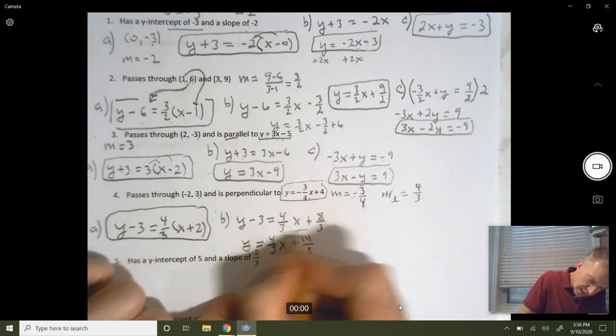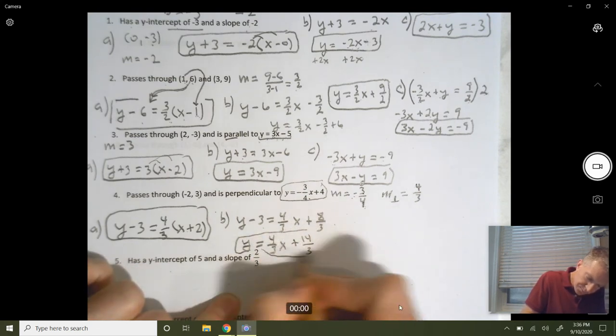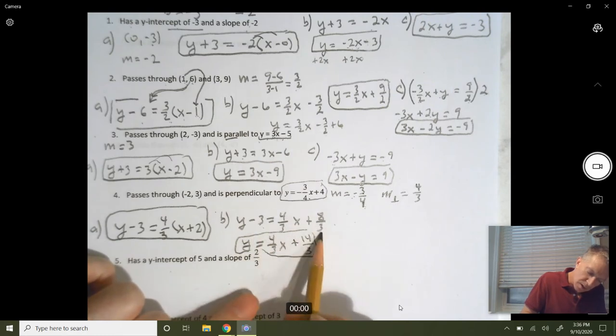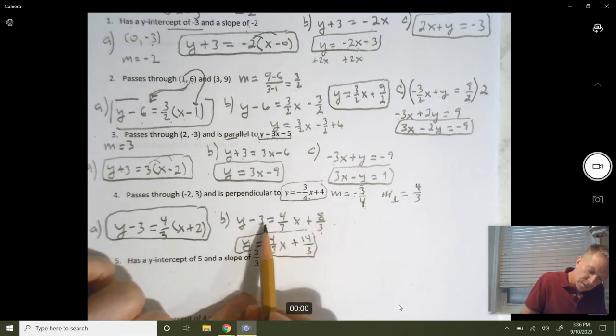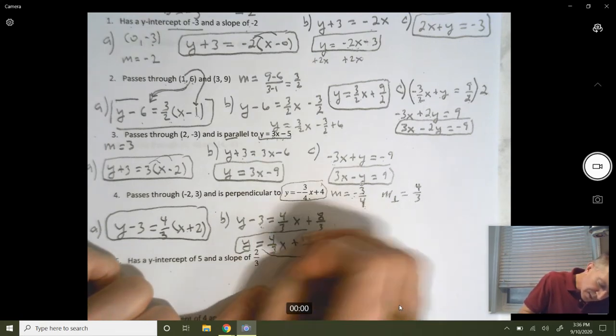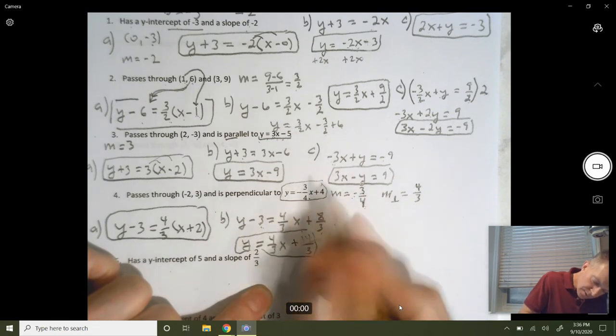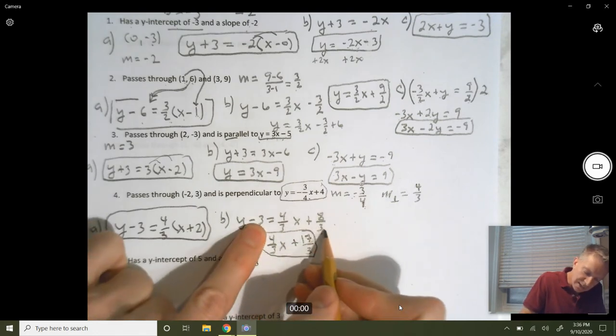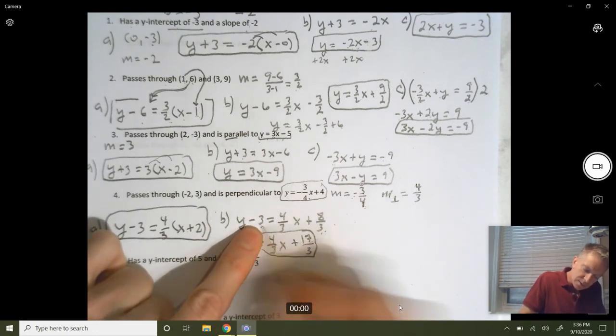Double check that I added those fractions correctly. So adding 3, 8/3 plus actually, that's not right. 3 would be 9/3. So we want that to be a 17. Okay, so 8/3 plus 9/3, because 9/3 is 3.